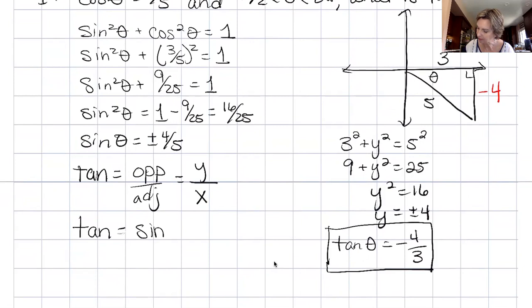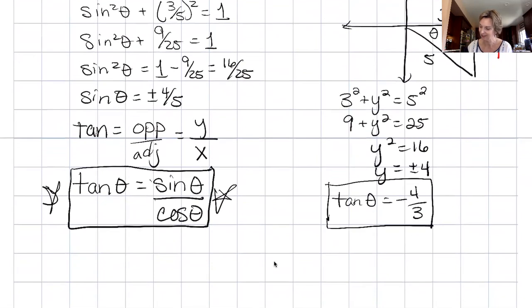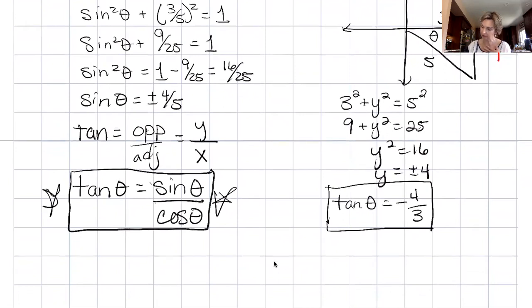Let me put our angle in here just so it looks a little bit better. Y is your sine, and x is your cosine, which is also something we talked about in a previous video, but sine is your y and cosine is your x. This is also another identity right here. Another helpful identity, which we can now use.